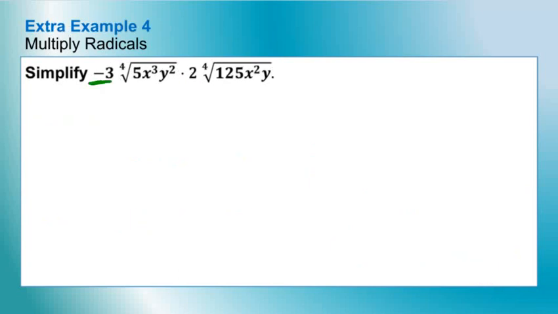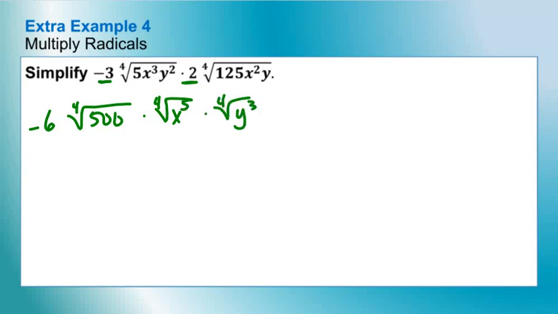Going on to our next one, multiply the coefficients, that gives us a negative 6. The fourth roots, so we have the fourth root of 5 times the fourth root of 125. 125 times 4 gives us 500. So we have the fourth root of 500. Then we have the fourth root of x to the 5th, and the fourth root of y to the 3rd.